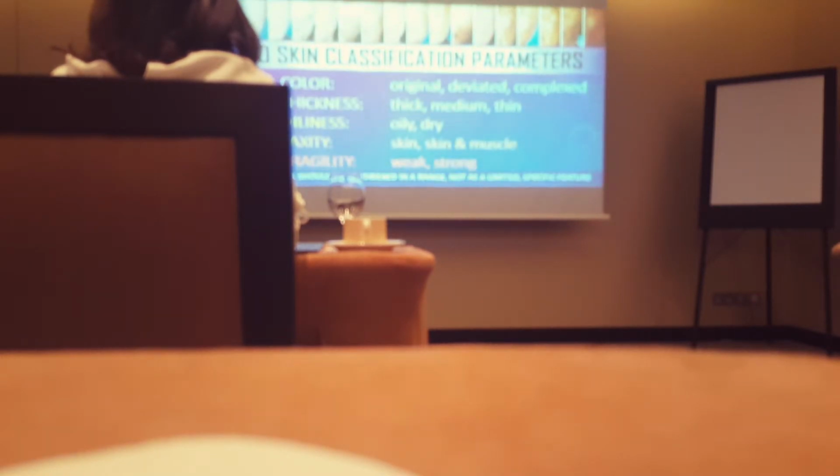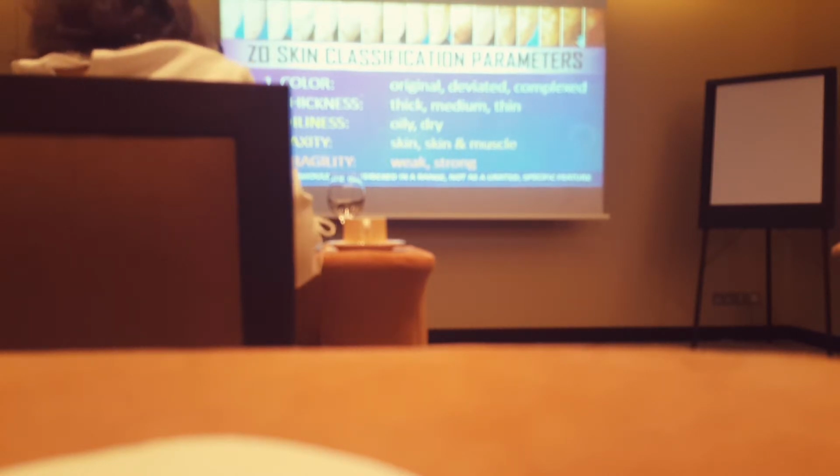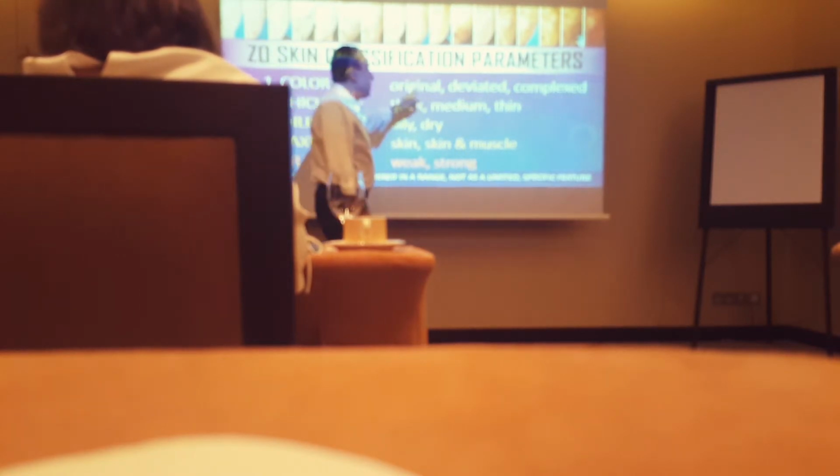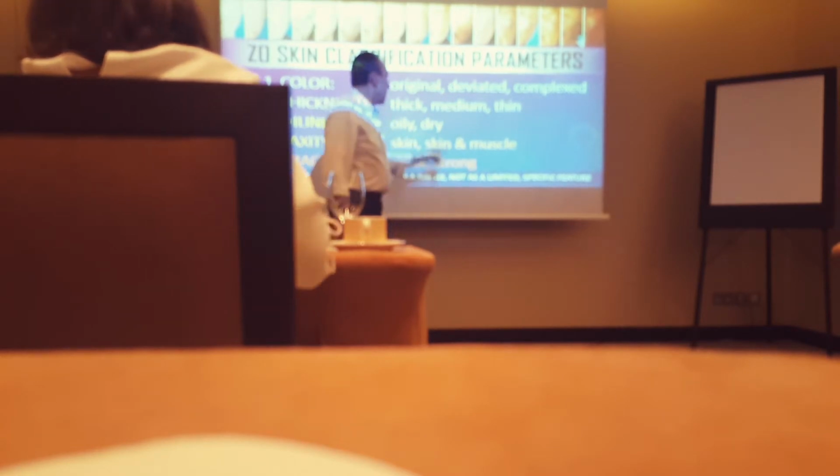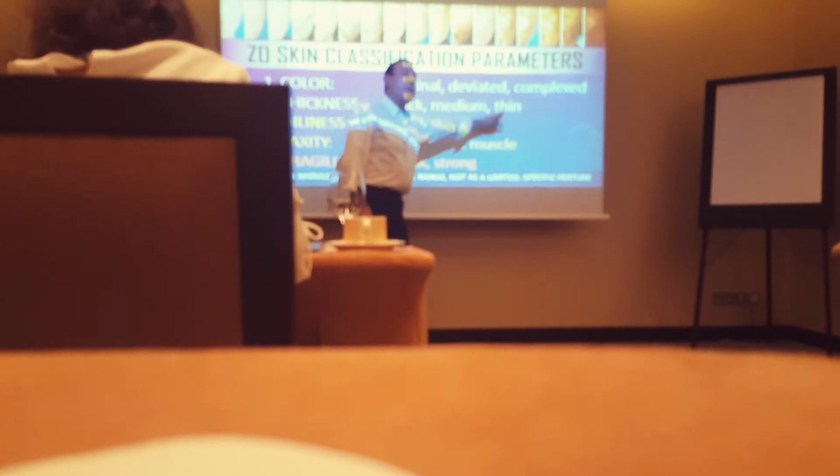And these are the factors: color, thickness, oiliness, laxity, fragility. Those are the factors you have to see in every patient. Color: original, deviated, complex. See how easy I made it? Thickness: thick, medium, thin.